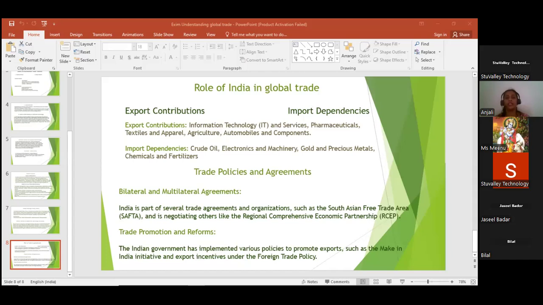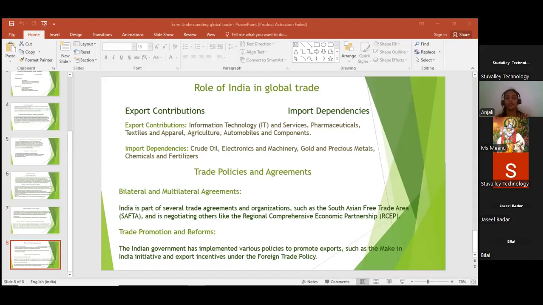We export motorcycles and cars. So you can find Indian products available in different countries, not only in India.